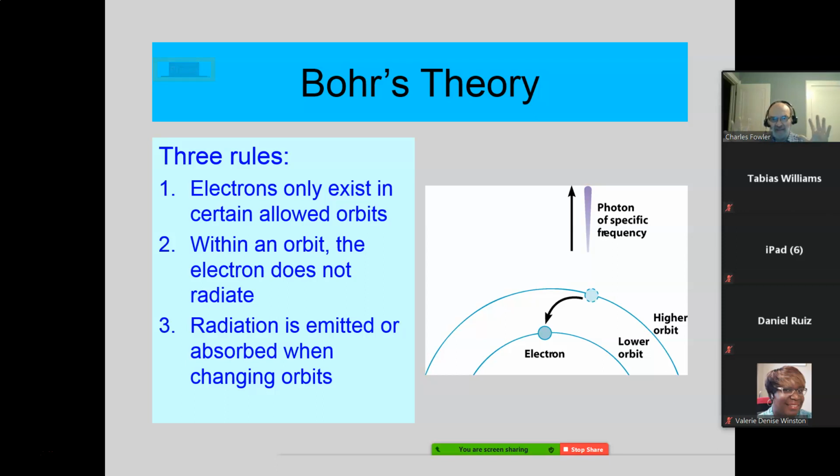They have all sorts of weird shapes, but that's it. Now within an orbit, an electron does not radiate. And if you remember, the problem with the classical theory is in an orbit it's accelerating and therefore it should be radiating. This says within the orbit it doesn't radiate. Now what happens though is radiation is emitted or absorbed when it changes orbits.